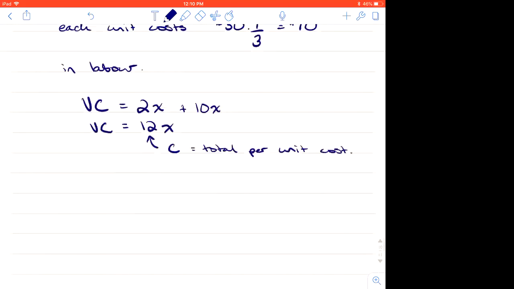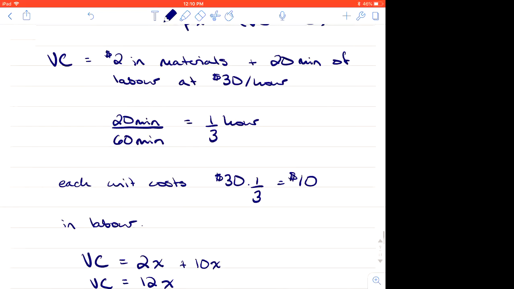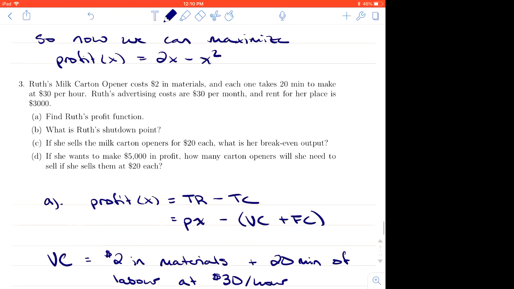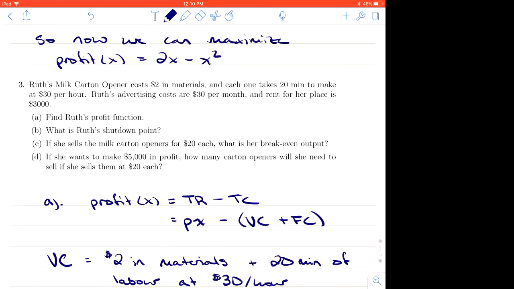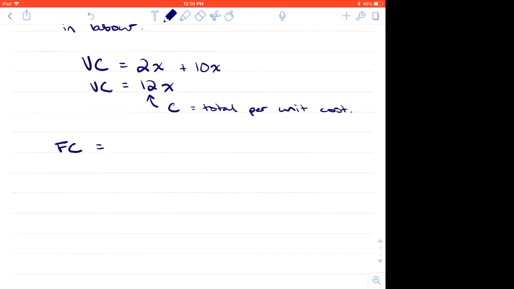Okay. Moving on to our fixed costs. Reading our little blurb here. So we've dealt with the $2 in materials and 20 minutes to make it at $30 per hour. Ruth's advertising costs are $30 per month, and rent for her place is $3,000 per month, presumably. So our fixed costs are going to be the $30 in advertising plus $3,000 in rent.